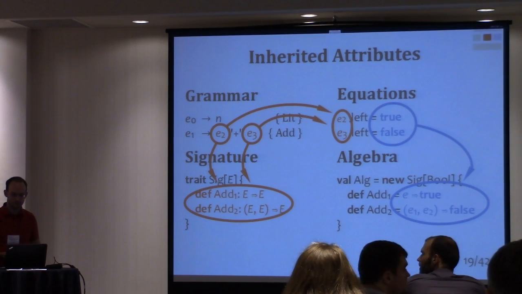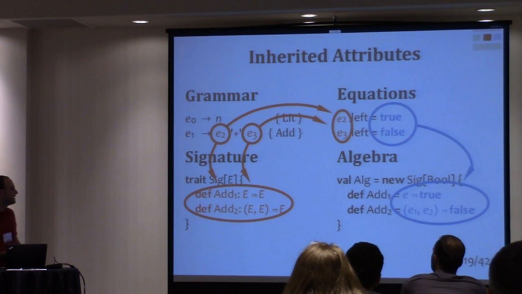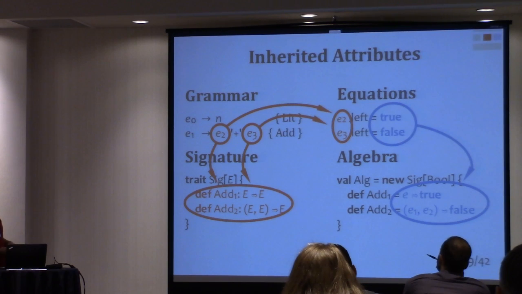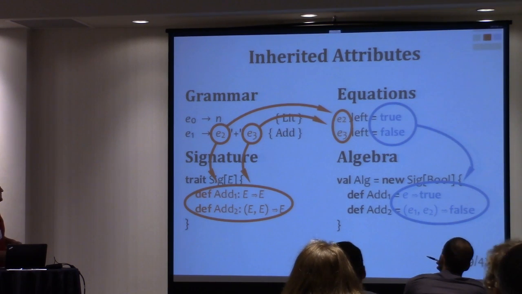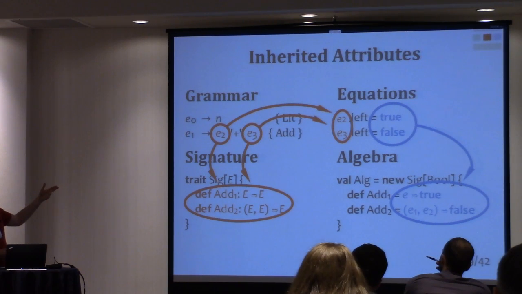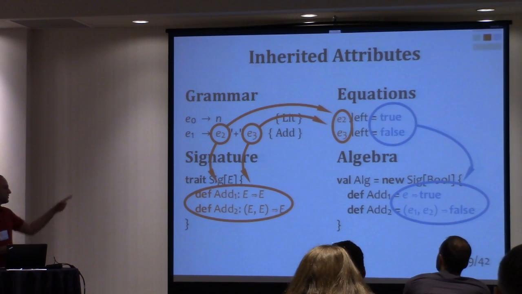Yes? Can you say something about the types of add1 and add2? In the algebra? Well, in the signature, I guess. Yes. So the question is about the types of add1 and add2 in the signature. So the signature is generic in the type we want to eventually compute. So the E type parameter stands for the type of the attribute we want to compute.